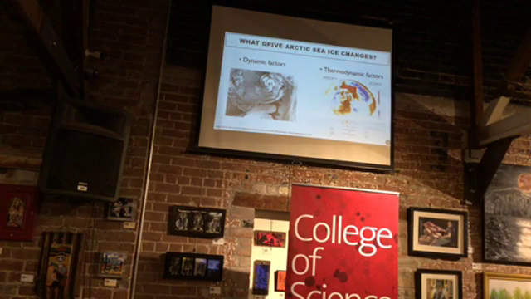For me, I mainly focus on the thermodynamic factors, especially how the surface energy budget affects the sea ice changes. And since the surface energy budget is highly linked with the clouds, I would see how the cloud and the surface energy budget work together to affect the sea ice changes.